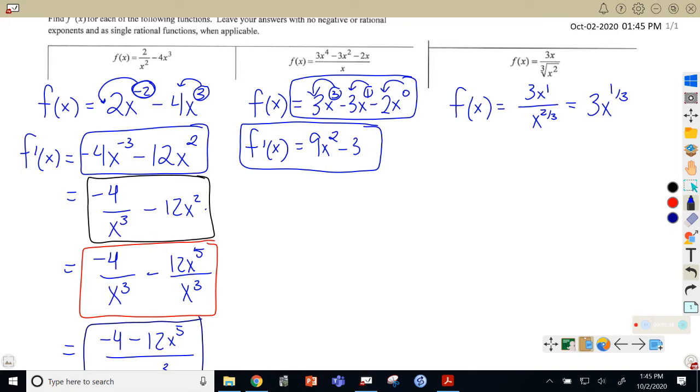And now we're going to apply the power rule to that. So f prime of x equals the existing exponent times the coefficient, which would be 1/3 times 3, which is 1. So 1x, and we lower 1/3 by a full integer. 1/3 minus 1 is negative 2/3, which is x to the negative 2/3.